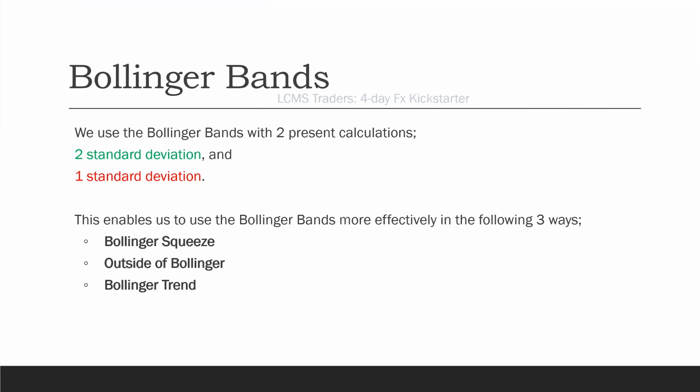With the 2 and the 1 standard deviation Bollinger Bands, you will be able to use it in 3 different ways: the Bollinger Squeeze, the outside of Bollinger Band, and the Bollinger Trend.